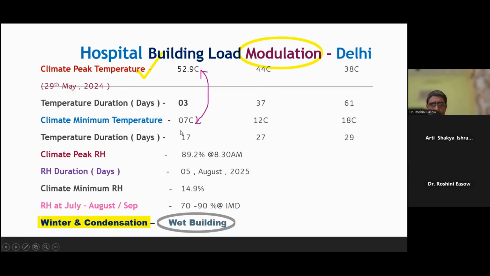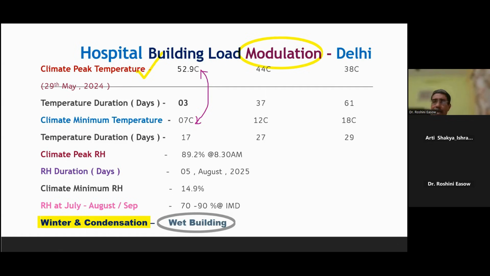That was found for 17 days. Now, peak RH came in Delhi last year. It came around 89.2 at 8:30 a.m. The duration of this humidity in the month of August was 5.